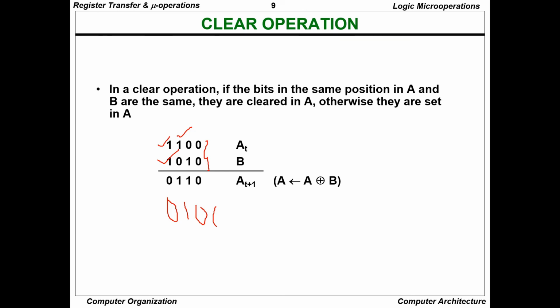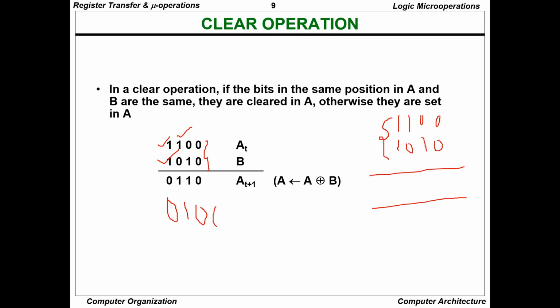Otherwise they are set in A. In a clear operation, if the bits in the same position A and B are same, they are cleared in A. So for 1 I will get 0, here I will get 0. So remaining cases you will get 1 1. So what I get? So 1 1 0 0 and 1 0 1 0. So what exactly is our operation, clear operation here?